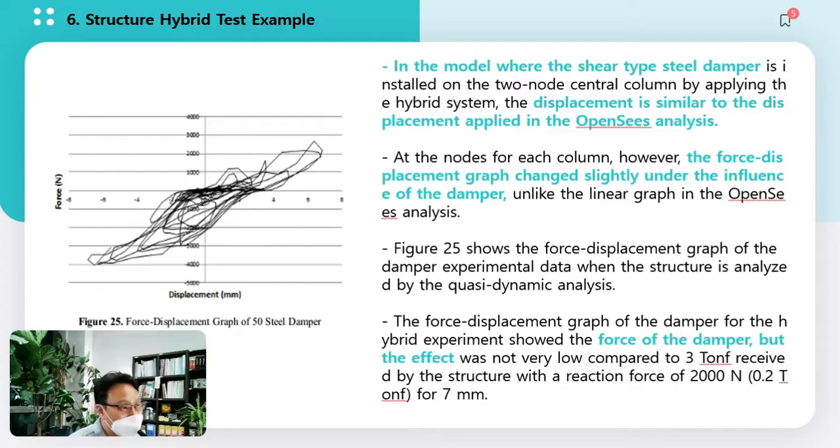In the model where the shear type steel damper is installed on the two node center column by applying the hybrid system, the displacement is similar to the displacement applied in the OpenSees analysis. As for the nodes of each column, however, the force displacement graph changes slightly under the influence of the damper, unlike the linear graph in the OpenSees analysis.